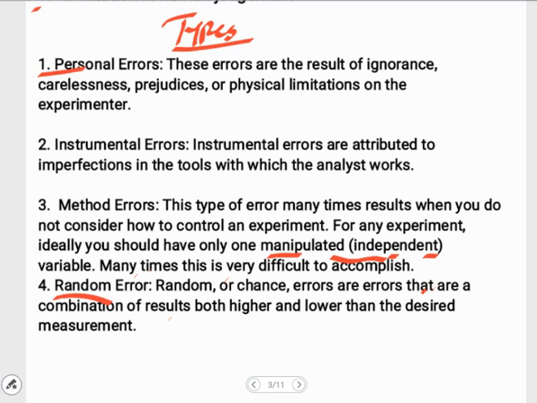Errors that arise when the result is either higher than the desired measurement or when the result is lower than the desired measurement. We call this type of error a random error or chance error.